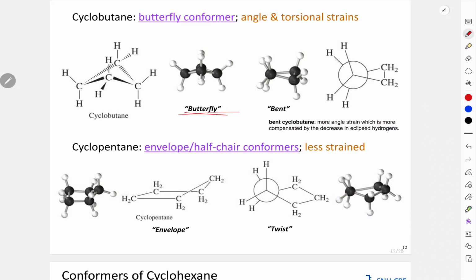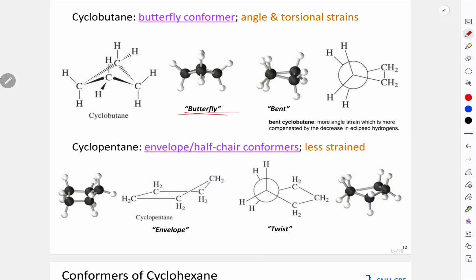For instance, the bent cyclobutane has more angular strain, which is compensated by a decrease in eclipsed hydrogens. So compared to the planar state, there is less torsional strain, but higher angular strain.